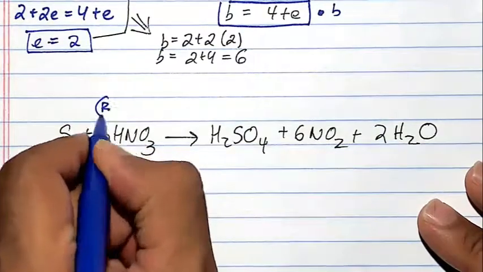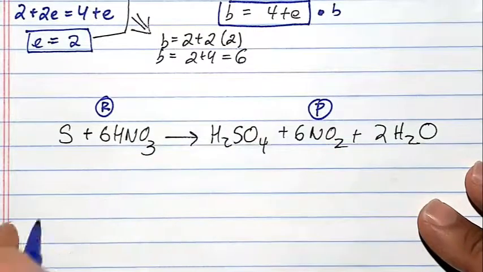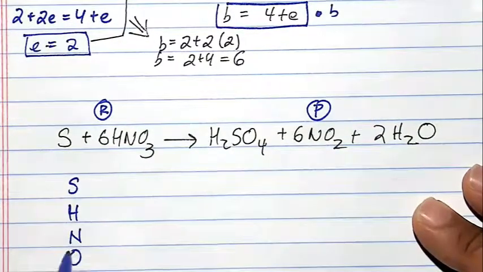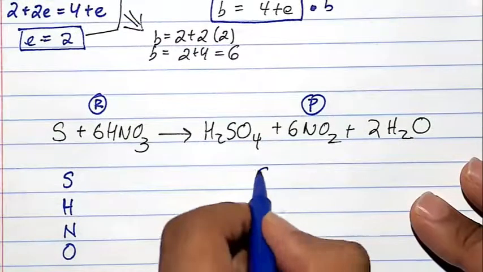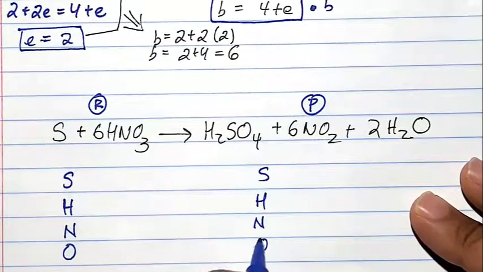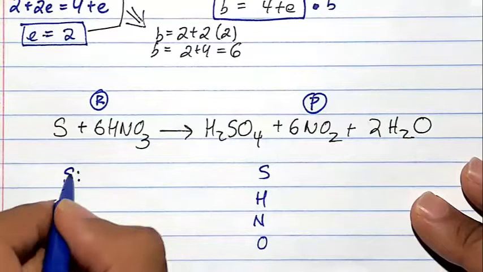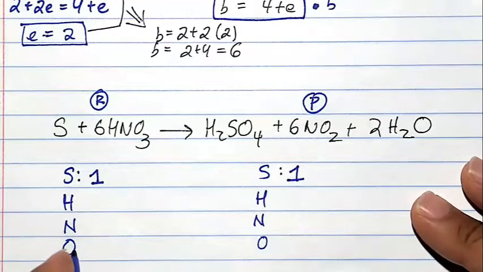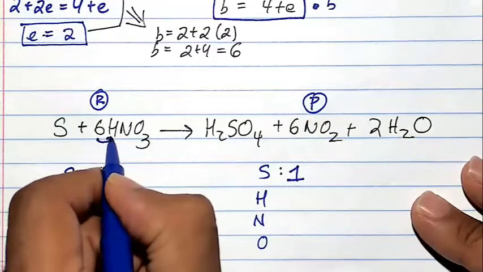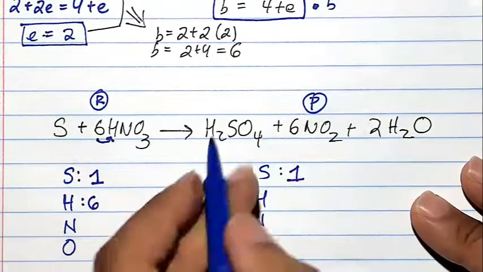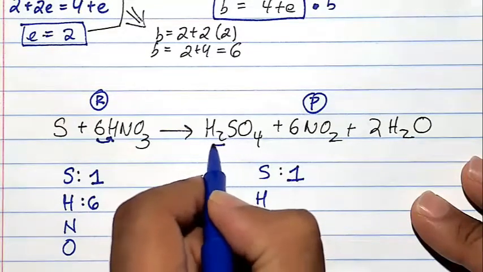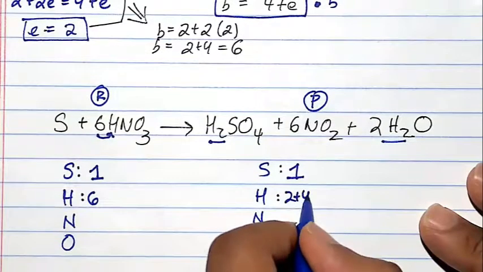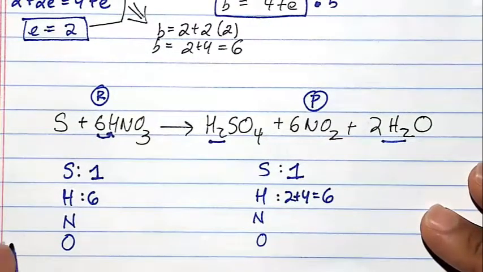Okay, so here are my reactants. Here are my products. I have S, H, N, and O on my reactant side. I have S, H, N, and O on my product side. So here I have S is 1 on the reactant side, S is 1 on the product side. H, I have 6 H's, so that's 6. H's here on my product side, I have 2 plus 4, so I'm good with 6.